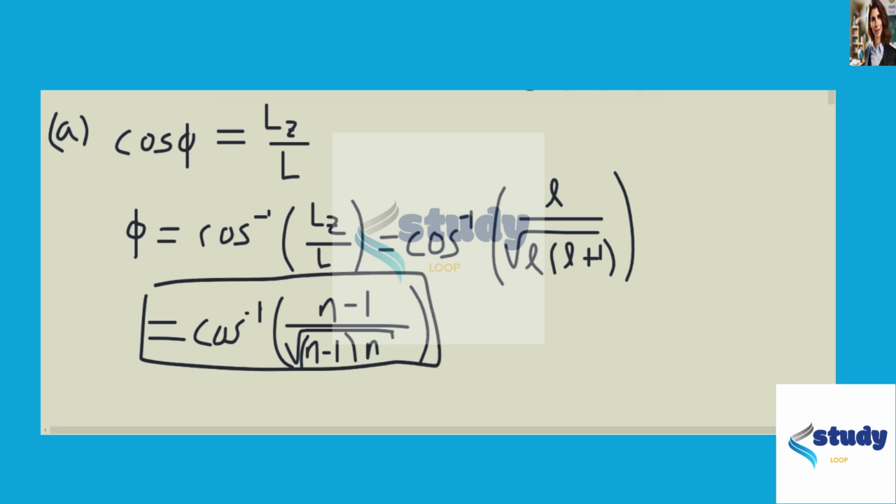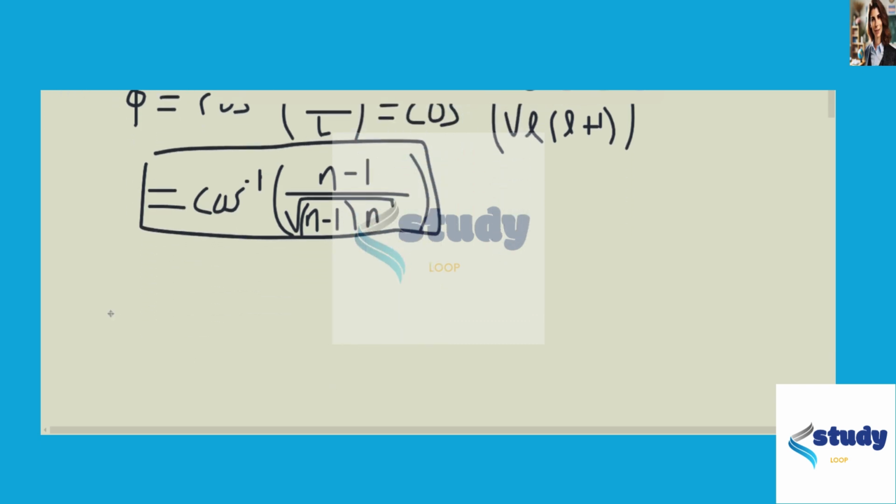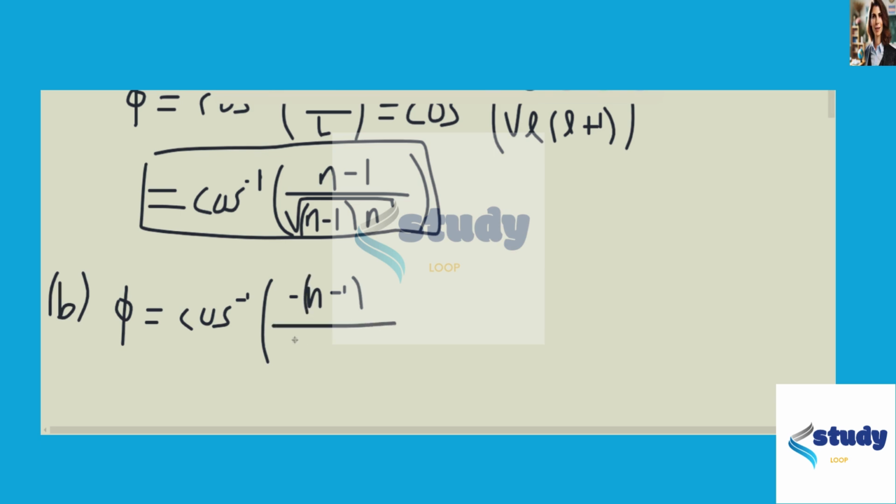Part B. All right, so for phi to be maximum, L sub z over L must have a negative sign. So therefore, for part B, phi is equal to the inverse cosine of negative n minus 1 divided by the square root of n minus 1 times n.